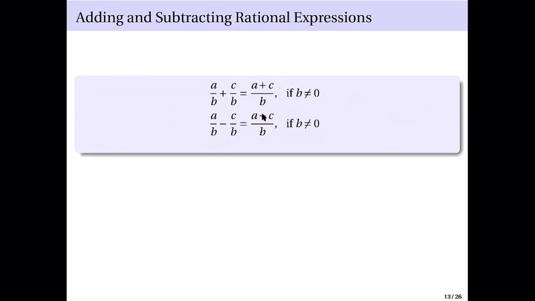So if you have minus, you just replace the plus with the minus here. Same denominator, so you just copy the denominator here and just add or subtract whatever the numerator is or are. Okay? And then there's a possibility that you don't need to simplify. Okay? And also there's possibility that you have to simplify after addition and subtraction.